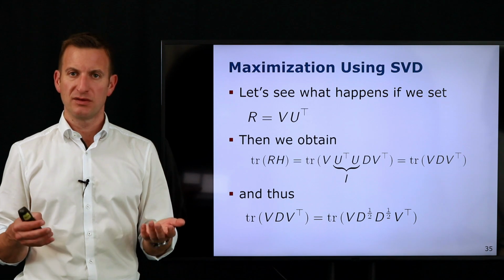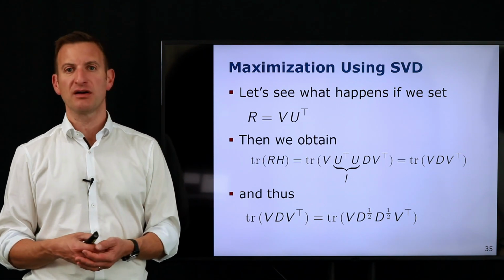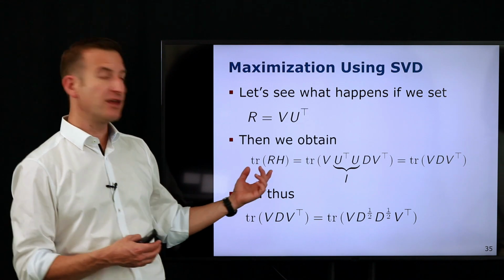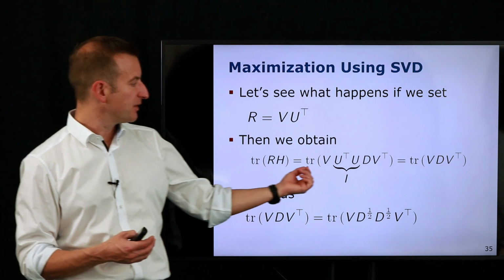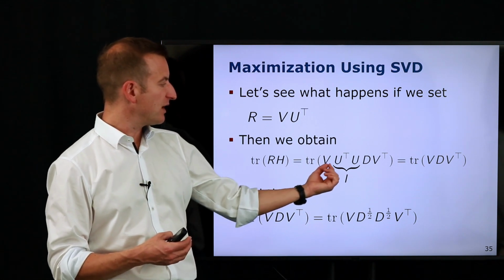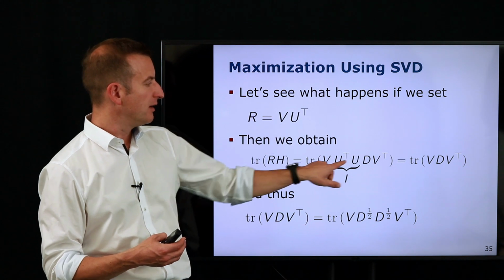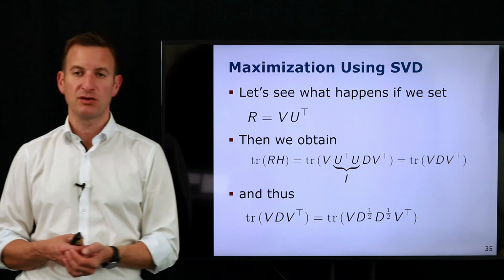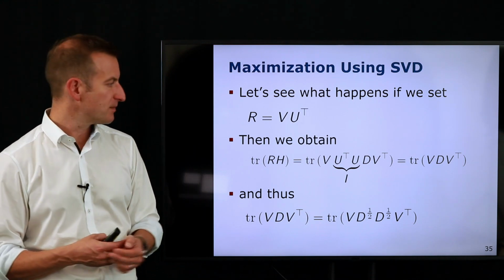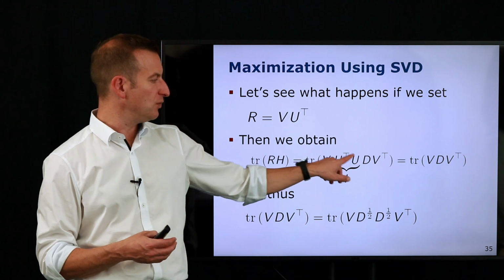Let's see how the equation with the trace changes if we set R in the following way. In this case, the trace of R times H can be expanded as the trace of V U transposed, because this is directly R, and then U D V transposed, which is the singular value decomposition of my matrix H. If I look at this product, I can see that I have U transposed U sitting in here.